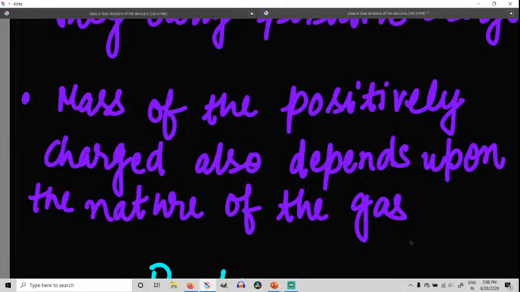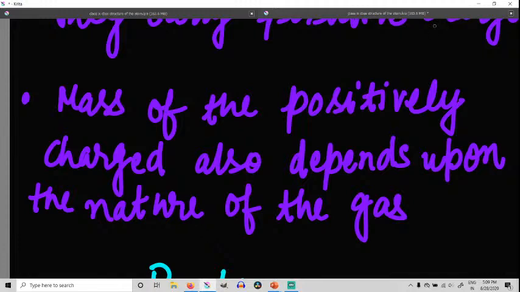So the mass of the positively charged particle depends upon the nature of the gas, because for hydrogen gas the mass is 1u only, but for helium the mass is 4u.